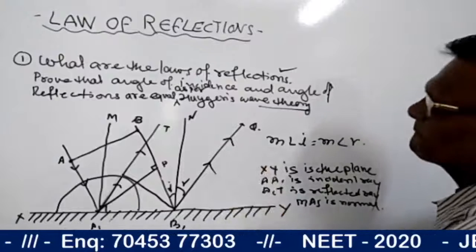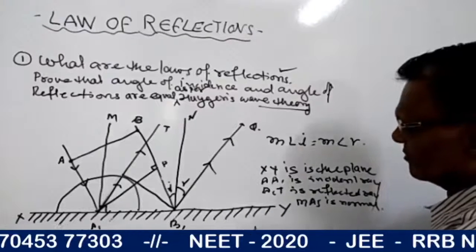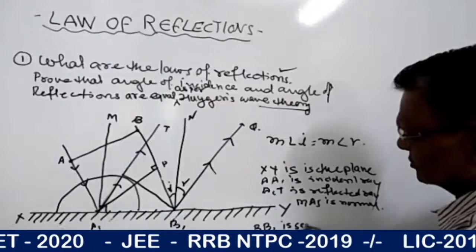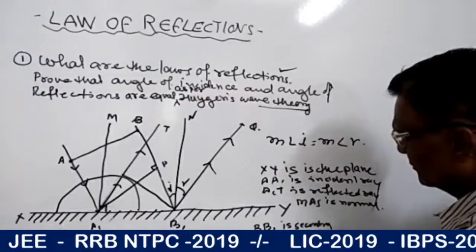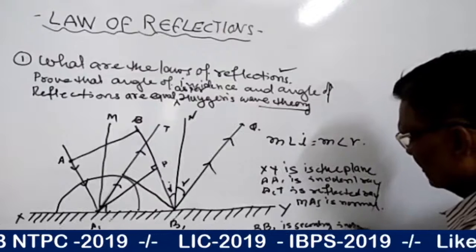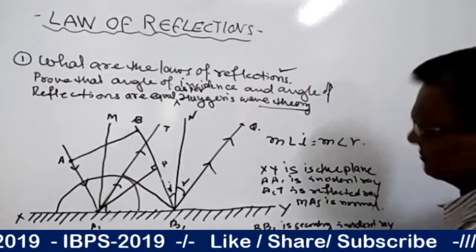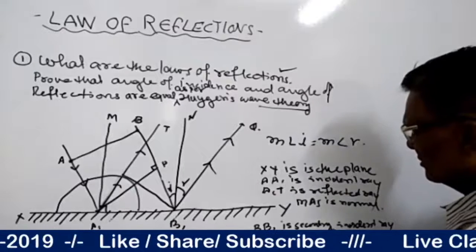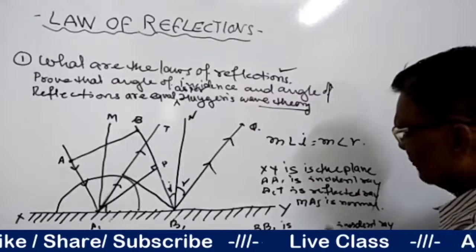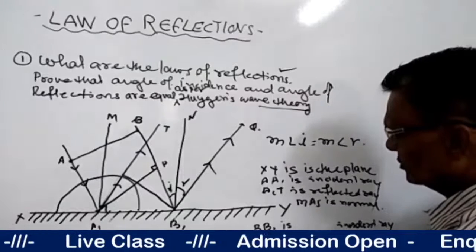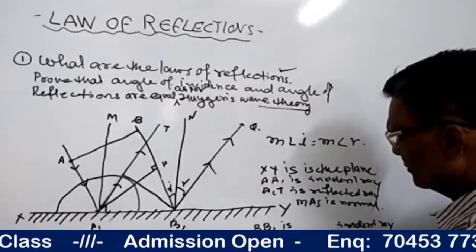Similarly, BB1 is the incident ray, and you can say incident ray only, we will not classify it as secondary or primary. And B1Q is the reflected ray.